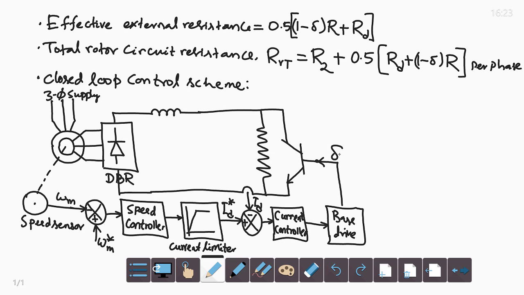And this base drive circuit controls the duty ratio delta of the transistor. So, this is the closed loop control scheme for duty ratio control, and it uses inner current control. The DC link current is the inner loop, and speed loop is the outer loop.